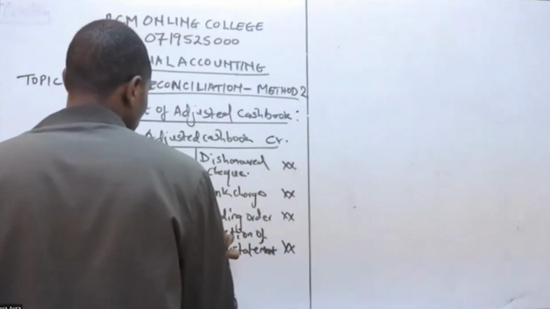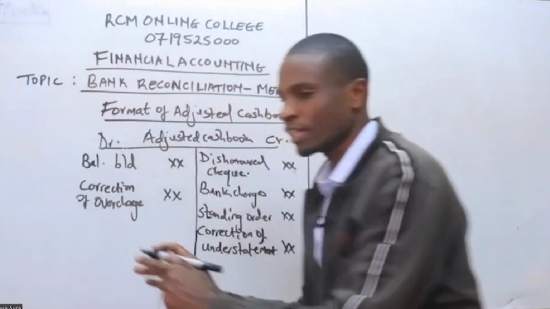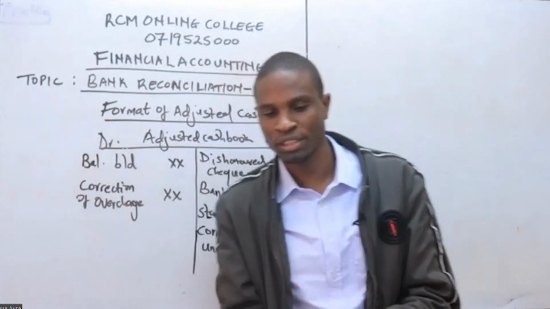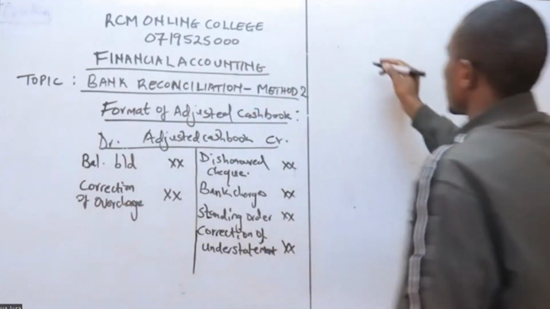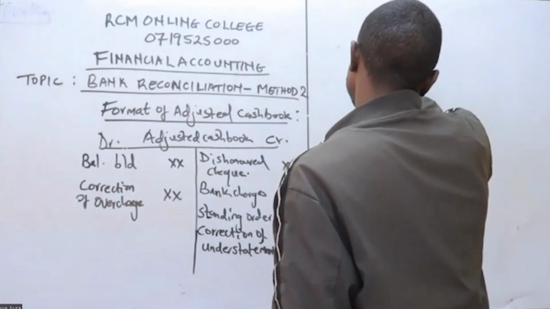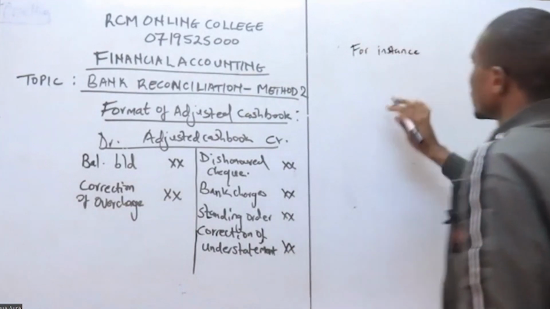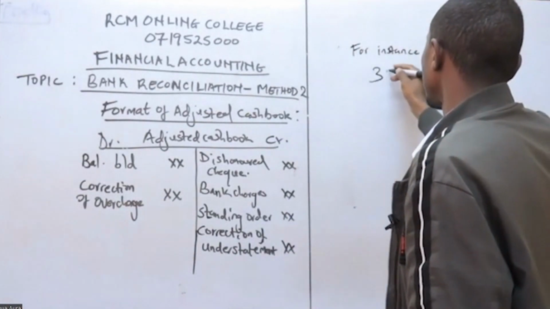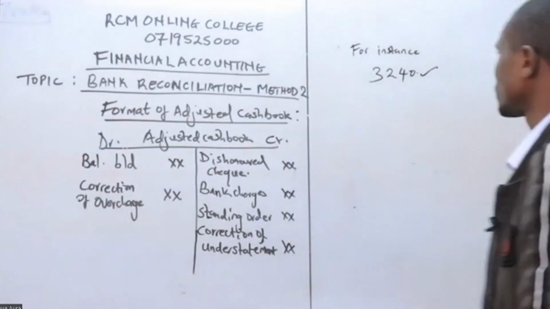And we said for overcharge or overstated, that one means you had a transaction, for instance, whose value was maybe 3240. That is the value of the transaction.